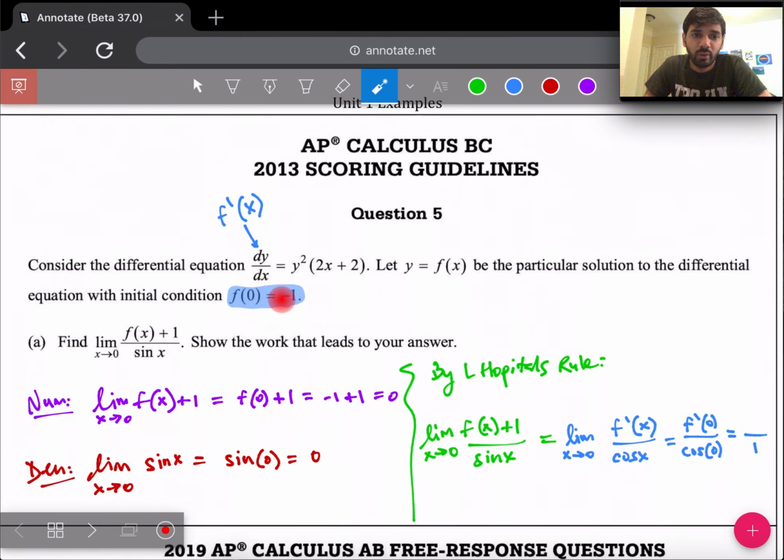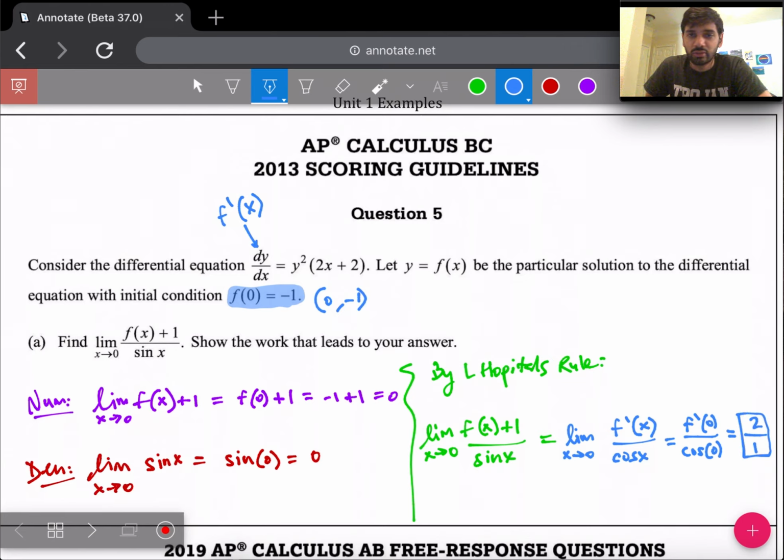So the xy coordinate is right here. It gives it to us. It's 0, negative 1. So if I'm plugging in a 0 for x, I need to plug in a negative 1 for the y. So this ends up being 2 times 0 plus 2, which is 2, and negative 1 squared, which is positive 1. So this ends up being positive 1 times 2, or just 2.